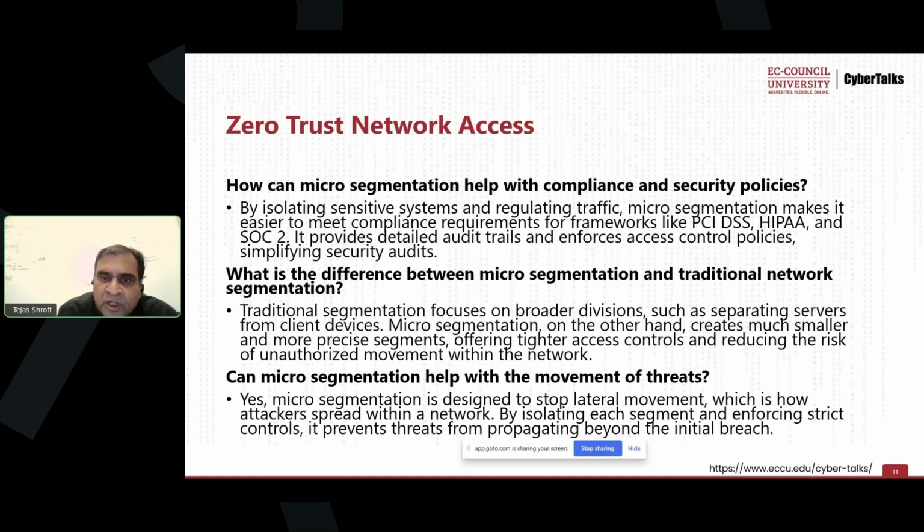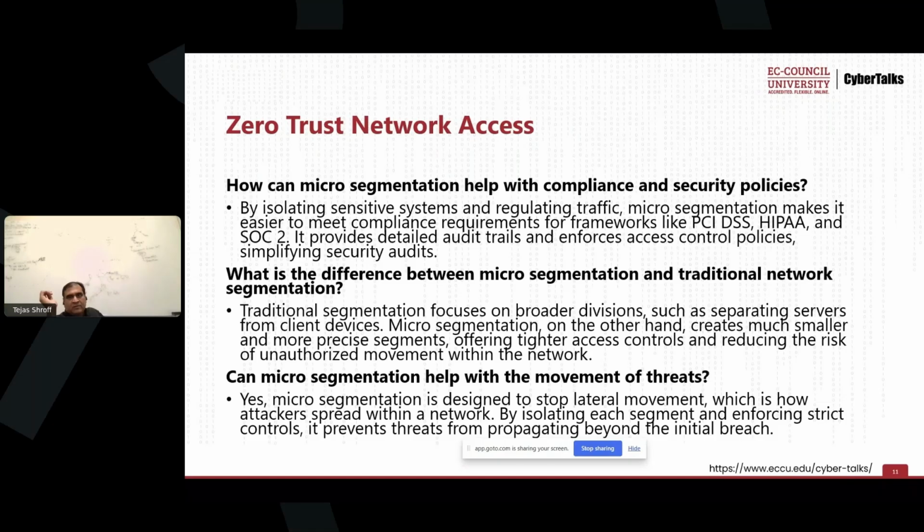Every time you go, you have to continuously authenticate yourselves, authorize yourselves just to make sure that you are who you are saying you are, right? You don't want somebody to go inside the network, authenticate one time, and once you have authenticated, you're free to move for the entire day.